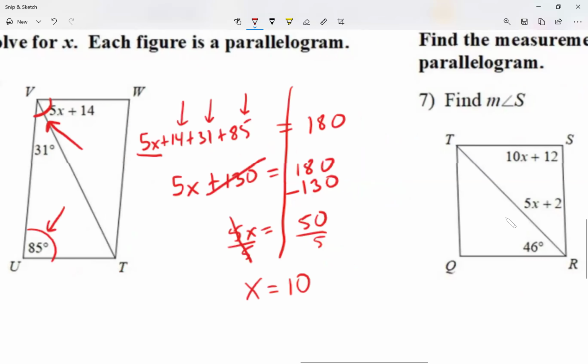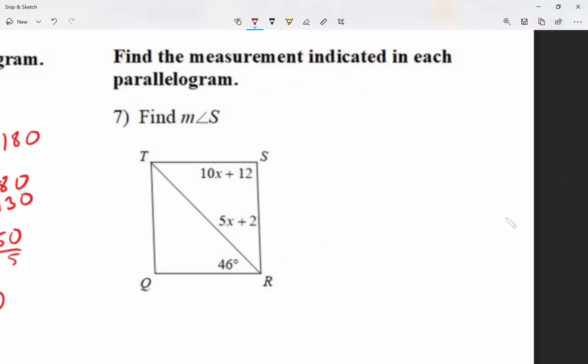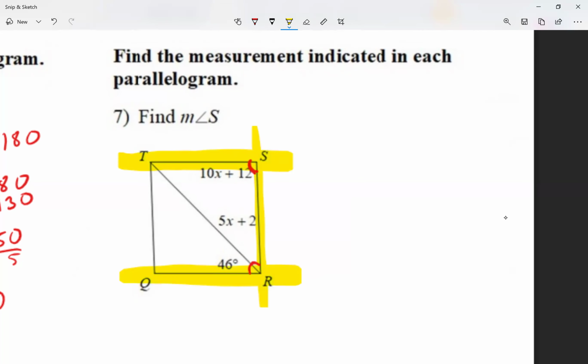Okay, let's take a look at another example. Let's take a look at number 7. Here it doesn't say solve for x, but I see some x's in there. Let me solve for x, and then I'm going to use it according to what I'm being asked here. Do notice that question 6 and 7 kind of look alike, but they're not necessarily the same thing. If I add this angle with this angle, because remember they're adjacent angles on a parallelogram, there's my two parallel sides, and there's one of my sides here.